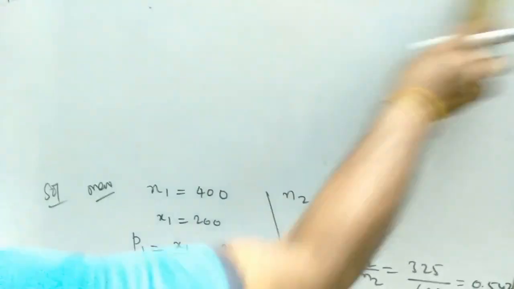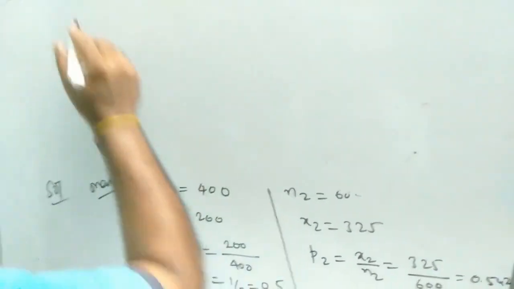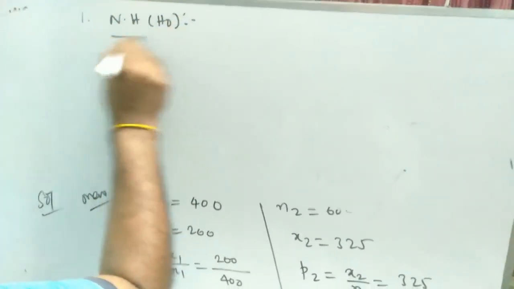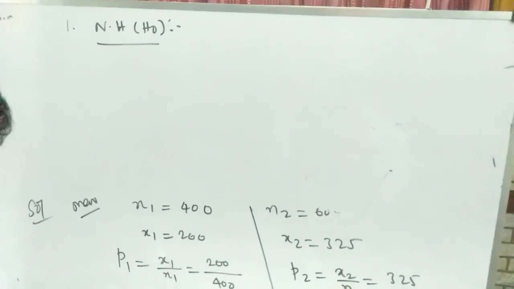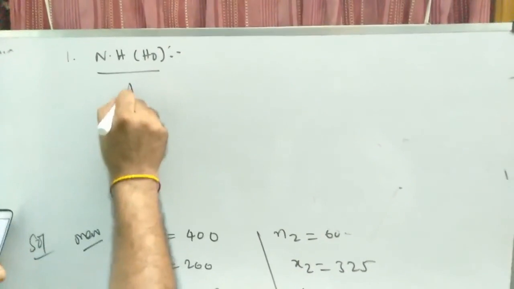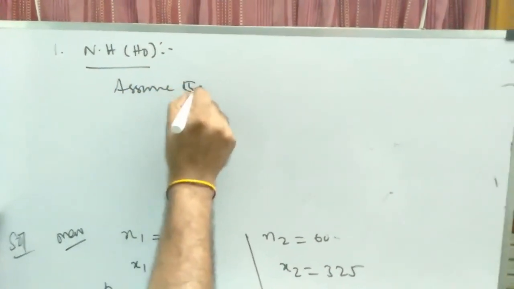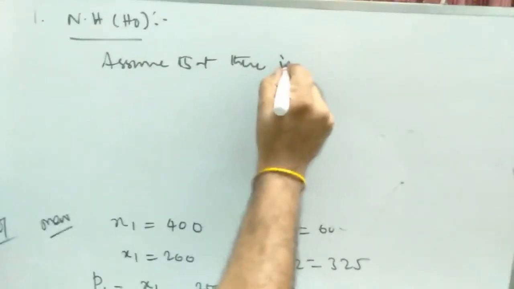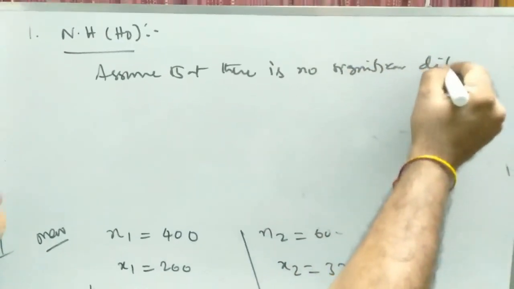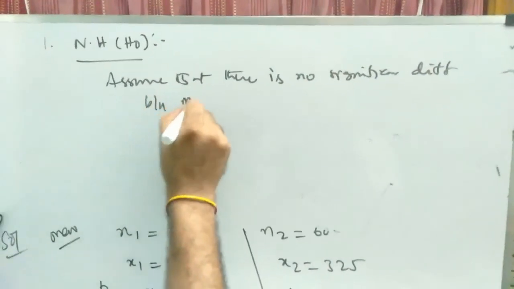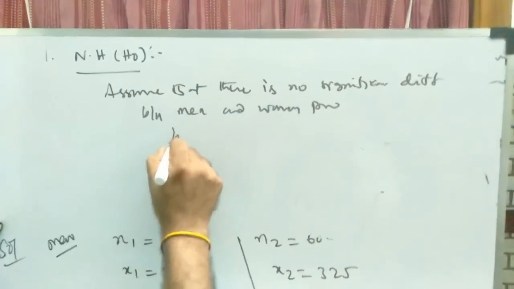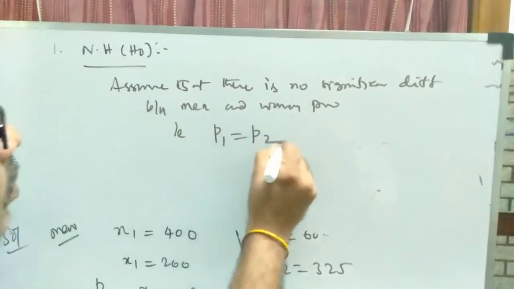So now I write the null hypothesis, just using the procedure. Null hypothesis H naught: I am assuming that there is no significant difference between the men and women proposals, that is P1 is equal to P2.